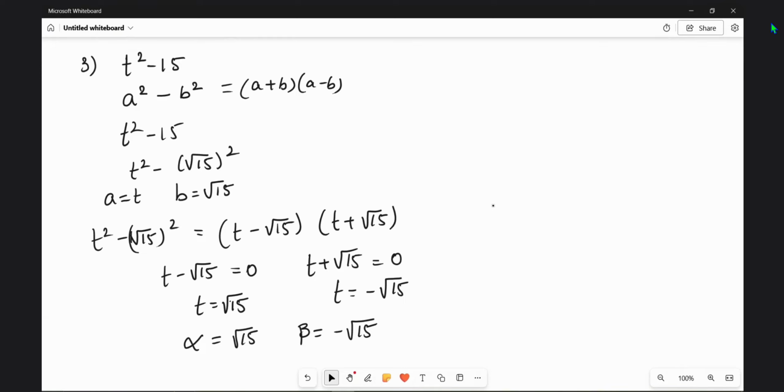Alpha plus beta and alpha into beta. Here directly we can use the formula a square minus b square is equal to a plus b into a minus b.